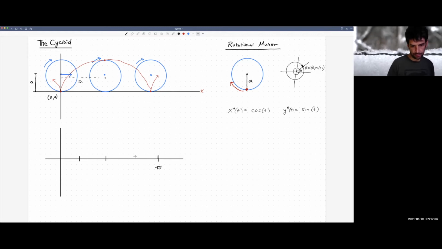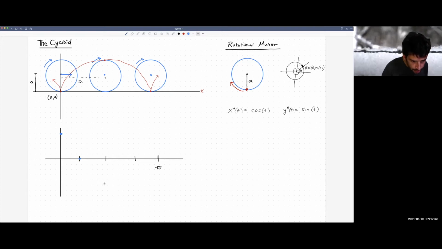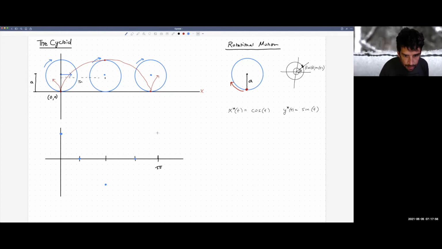There's pi over 2, 3 pi over 2. So I'll do cosine in blue. Cosine starts at its peak. By pi over 2, it's at 0. By pi, it reaches its minimum, then we go back to 0, and then back up to the peak here.